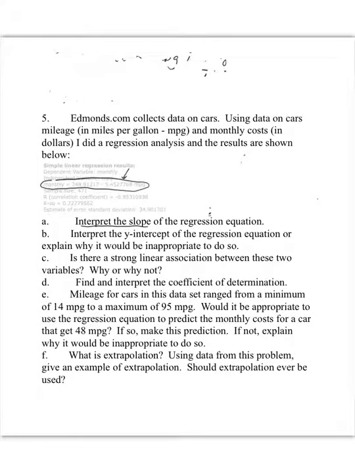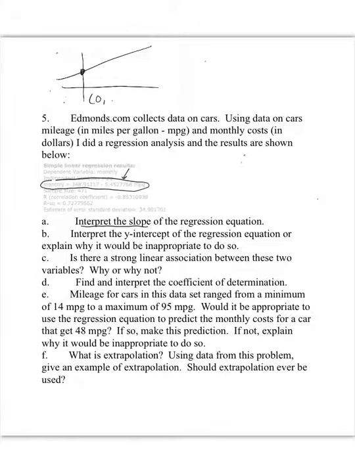So when we think about the y-intercept of a line, let's draw a picture of that so we can see what that looks like. If you think about a line's y-intercept, it's where it crosses the y-axis. It's where the x-coordinate is 0 and your y-coordinate is the y-intercept.